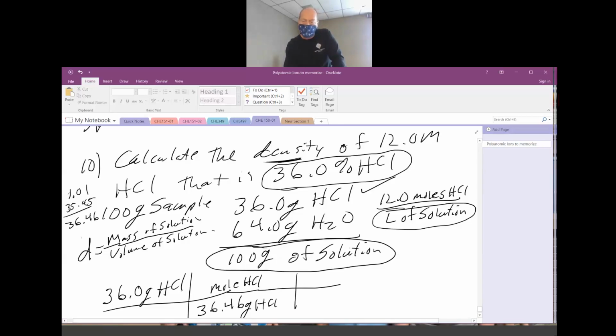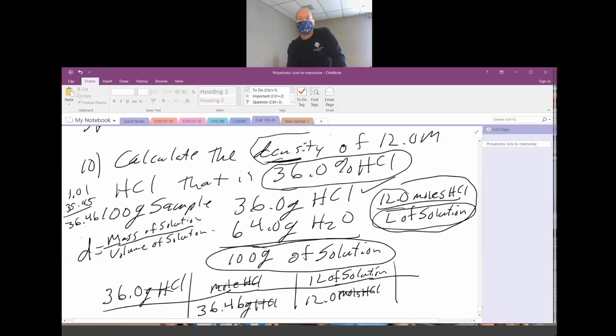And now you have your molarity, which tells us that for 1 liter of this solution, we have 12.0 moles of HCl. And so moles of HCl cancel moles of HCl, grams of HCl cancel grams of HCl, and now we have liters of solution. But we want the density of a liquid, so we want grams per milliliter, not grams per liter.